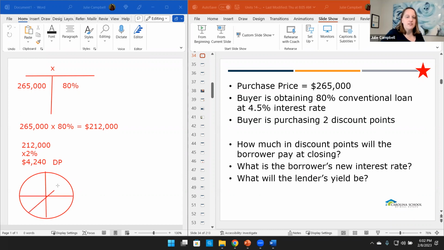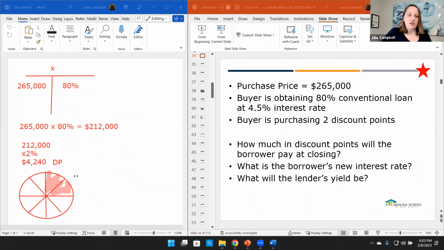Discount points are always in eighths, which means our discount point pie is going to be 8 pieces. And the problem tells us that this borrower is going to buy 2 pieces of pie, right? 2 discount points is going to be equal to 2 pieces of pie.